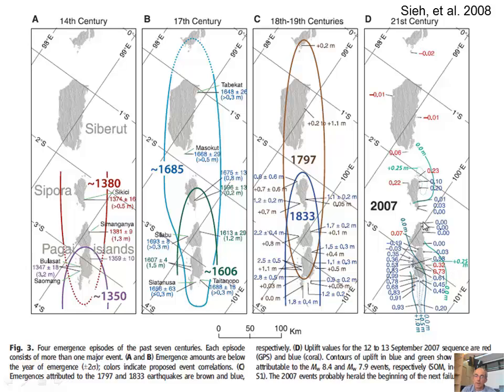So the magnitudes of emergence are around 1 meter, similar to some of these earlier events, but some of them are bigger, like the 1833 has 1.7, 1.5, 2.5. So 1833 was bigger in its displacement or emergence than 2007. That's an important thing to see immediately.